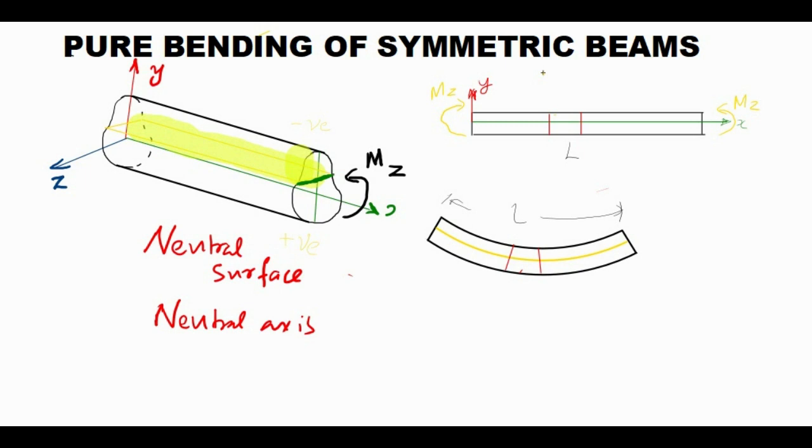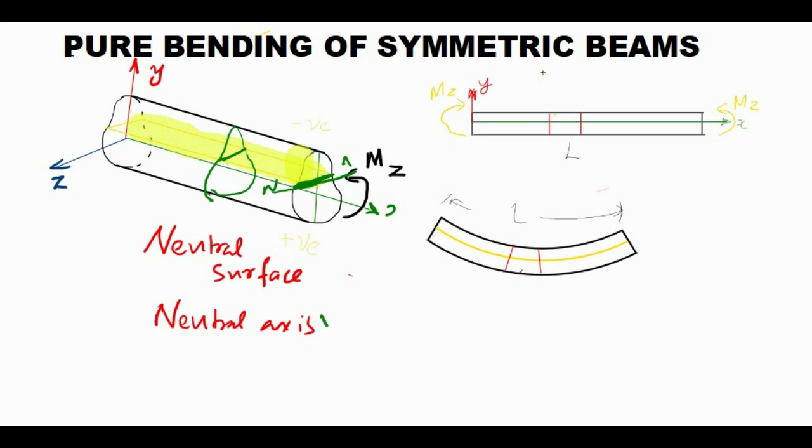This is called the neutral axis of the beam. It can be found if you take any cross section, that will make an intersection. If you take an intermediate cross section here, that will take an intersection with the neutral surface, that will be the neutral axis. Okay, I think you got the point.